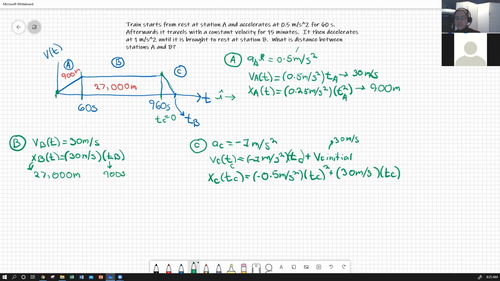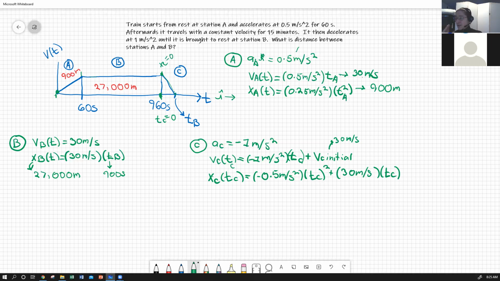So when t sub C is 0, that means I just entered this. Now I'm indexing 0 to the beginning of that section, not all the way back to the beginning. So the distance I will have traveled from this point forward towards station B, or where the train stops. If t sub C is 0, that means I'm still back here. So x sub C is 0. That makes sense.